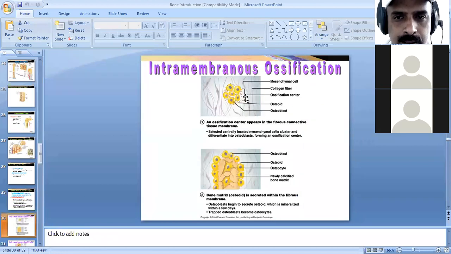See intramembranous ossification, where you have the mesenchyme, collagen fiber, and ossification center. This is where bone starts developing. We have the bone forming cell, the osteoblast, and we have osteoid, the ossification center, and collagen fiber.